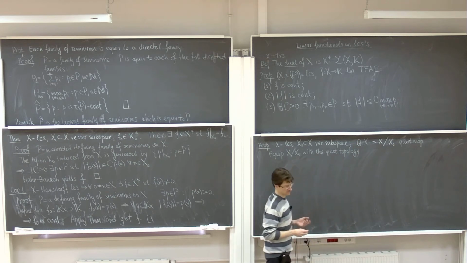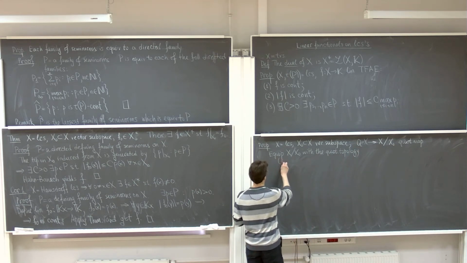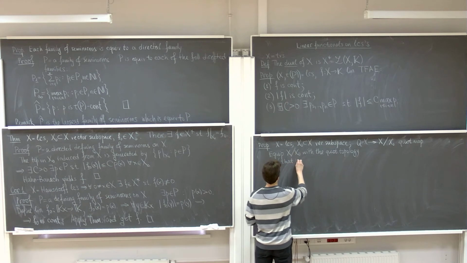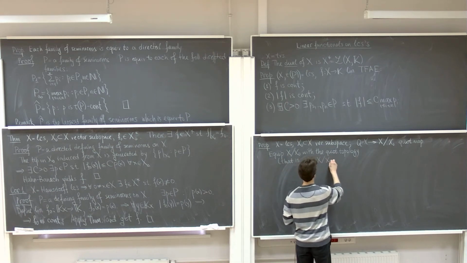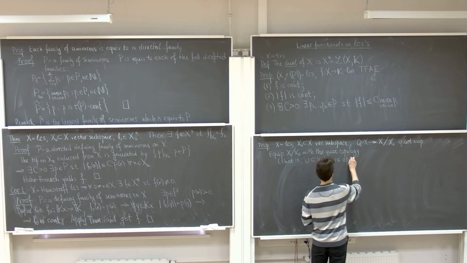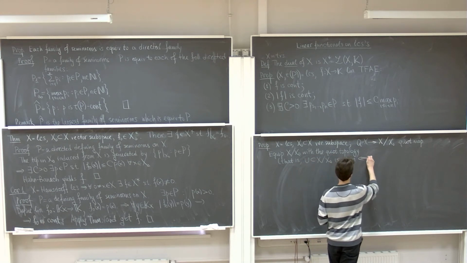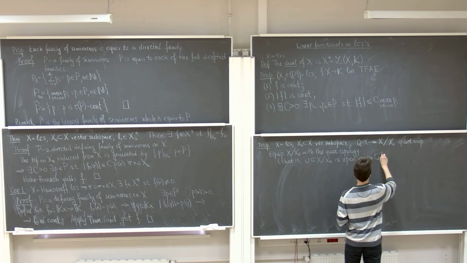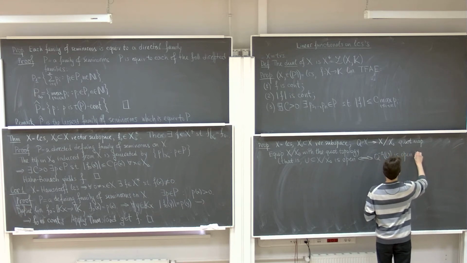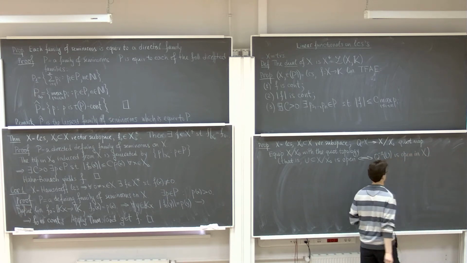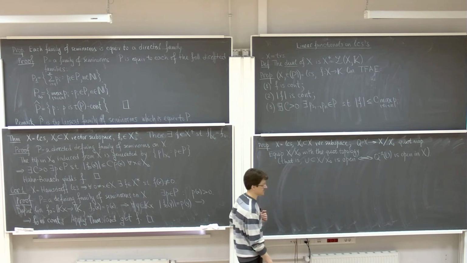By definition, this means that a set U in the quotient is open if and only if the preimage under Q is open in X. So the quotient becomes a topological space.